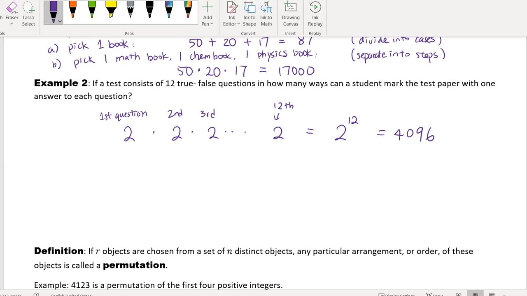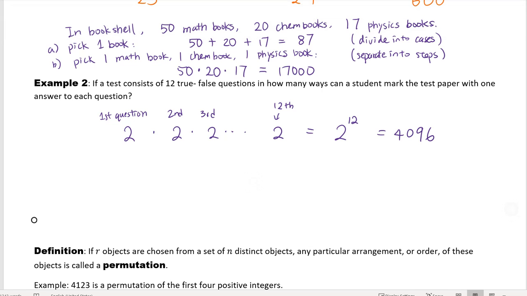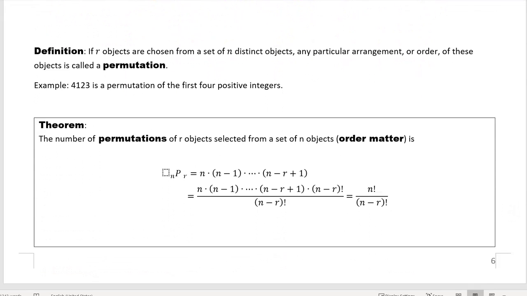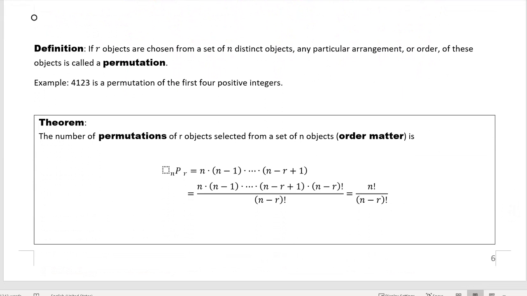Alright, let's continue. Definition. If r objects are chosen from a set of n distinct objects, any particular arrangement or order of those objects is called a permutation. For example, 4123 is a permutation of the first 4 positive numbers.